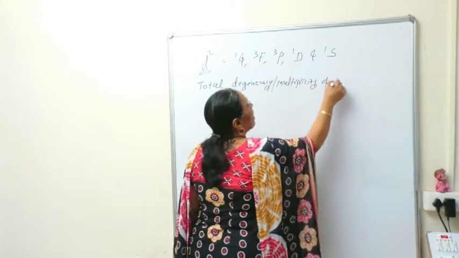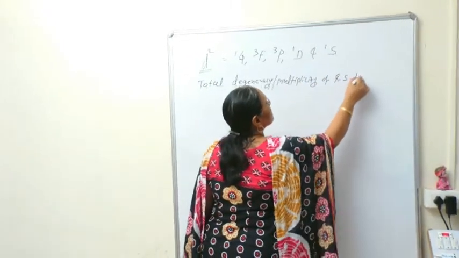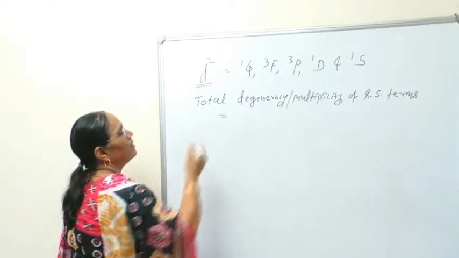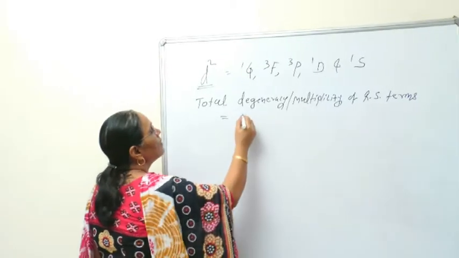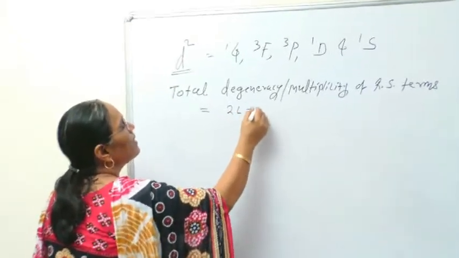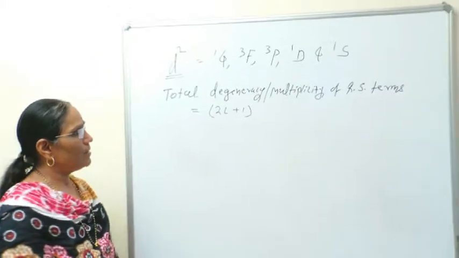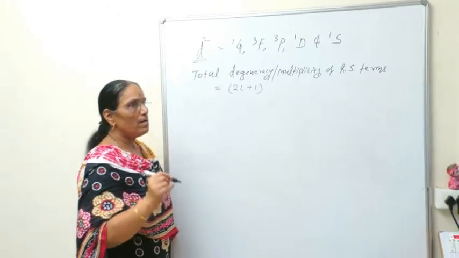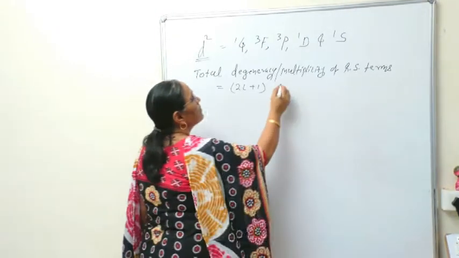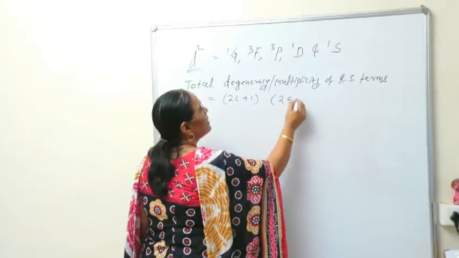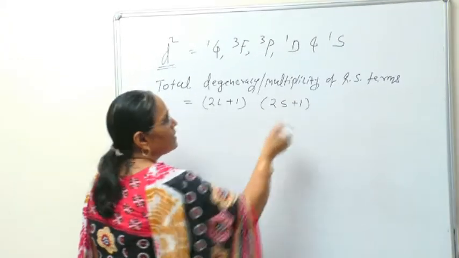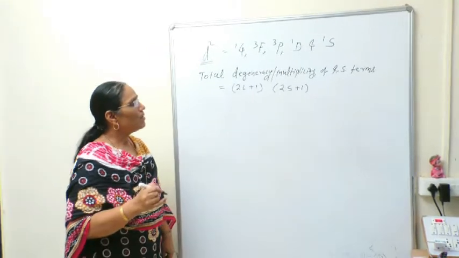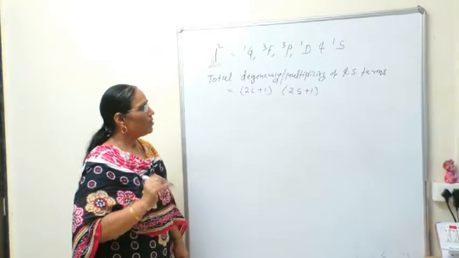Total degeneracy is obtained by using the equation (2L + 1)(2S + 1). The first part gives the total orbital degeneracy or total orbital multiplicity of the term, and the second part, 2S + 1, gives the total spin degeneracy or total spin multiplicity of the term.